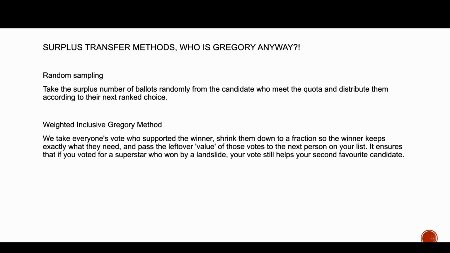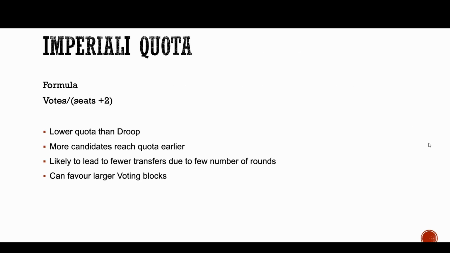We take everyone's vote who supported the winner and shrink them down to a fraction, so the winner keeps only what they need, and pass the leftover value of those votes to the next person on that ballot list. It ensures that if you voted for a superstar who wins by a landslide, your vote can still help your second favorite candidate. And don't worry if that went completely over your head. Hopefully the examples we'll have will help you see how it works.